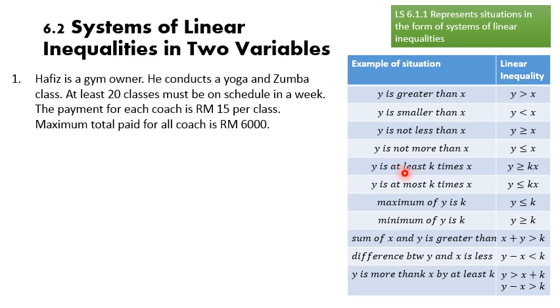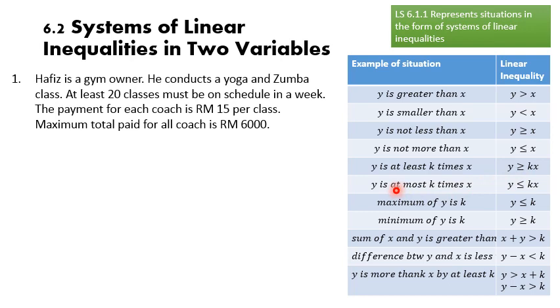Bila sekurang-kurangnya, maksudnya kita kena convert nilai tu kepada greater than equal to. Contoh, y sekurang-kurangnya 2. Maksudnya nilai tu boleh jadi 2, 3, 4. So dia lebih besar daripada 2.